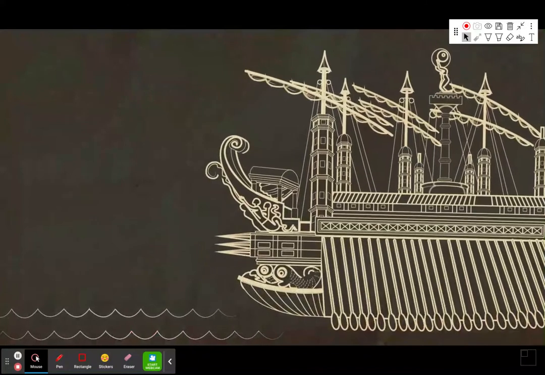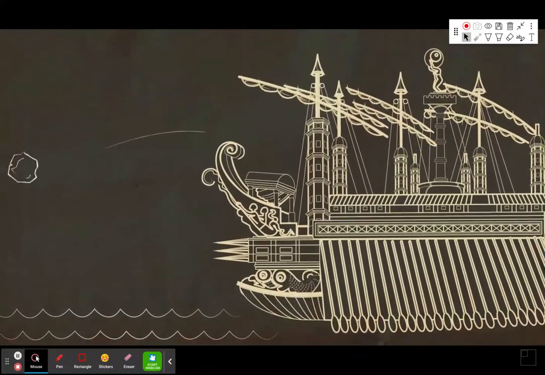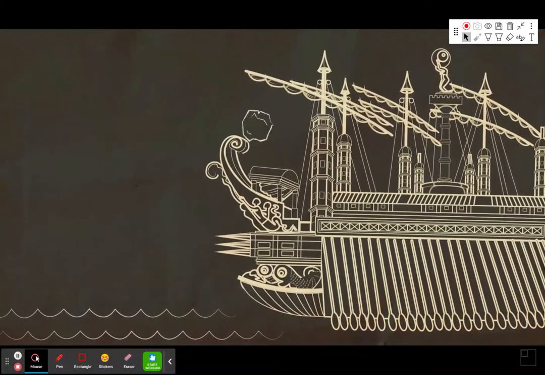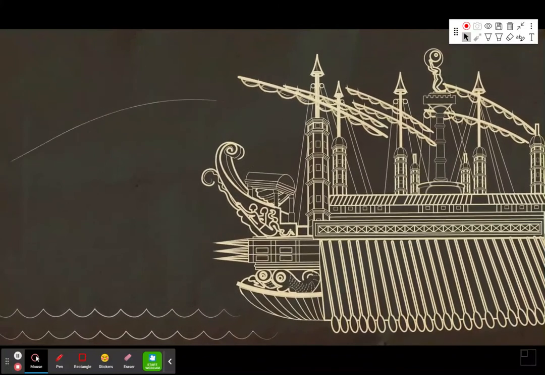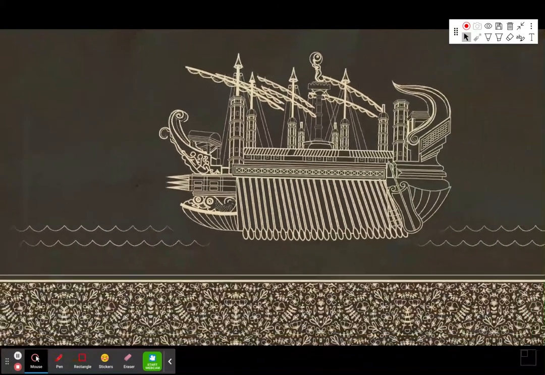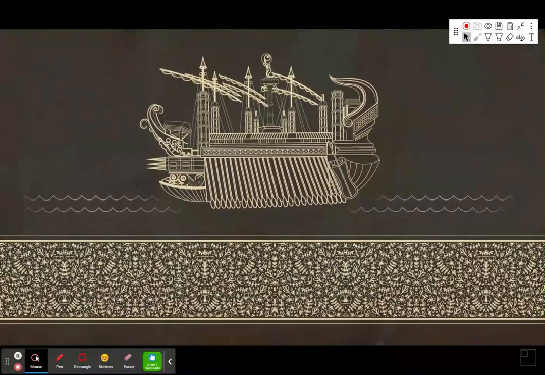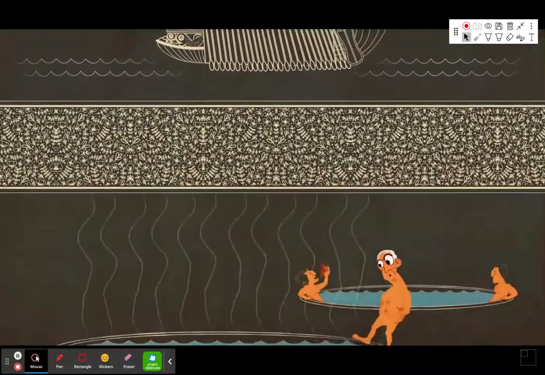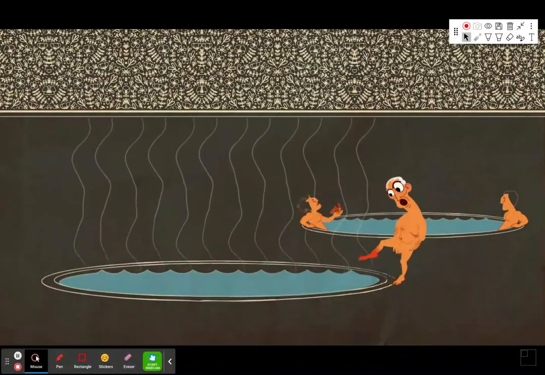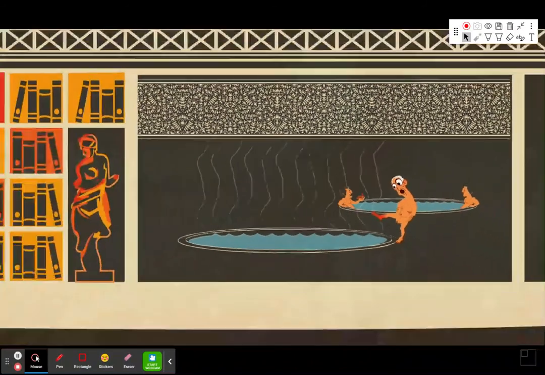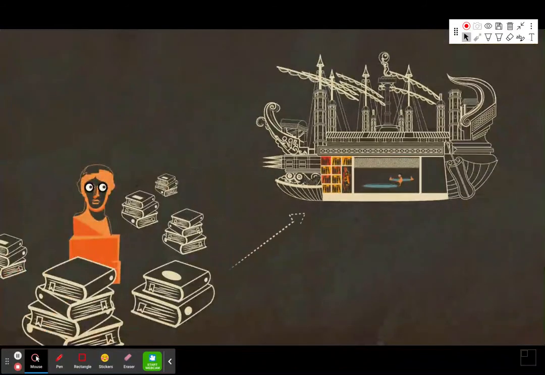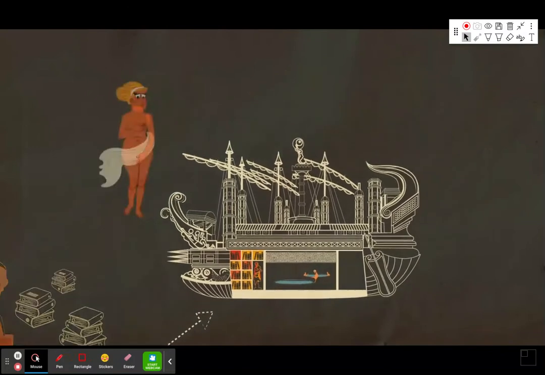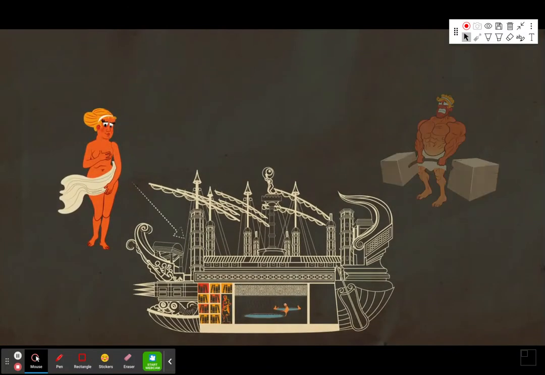On the ship's bow, a massive catapult would be able to fire 180-pound stone missiles. For the enjoyment of its passengers, the ship was to feature a flower-lined promenade, a sheltered swimming pool, and bathhouse with heated water, a library filled with books and statues, a temple to the goddess Aphrodite, and a gymnasium.